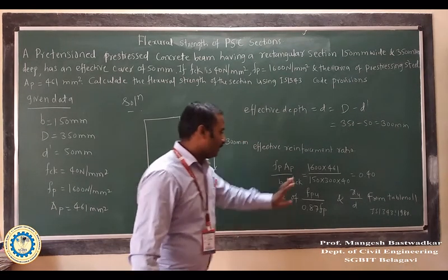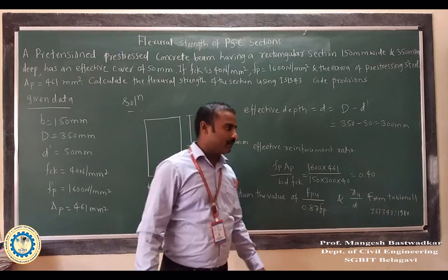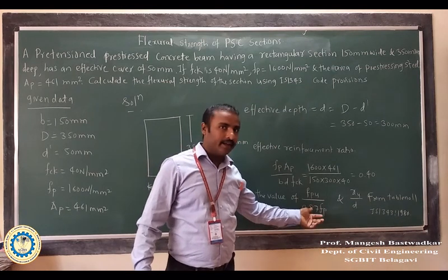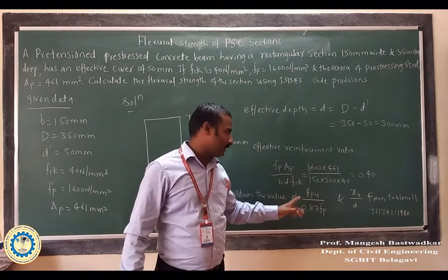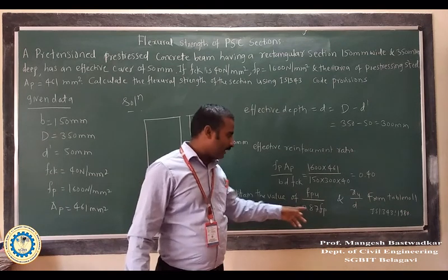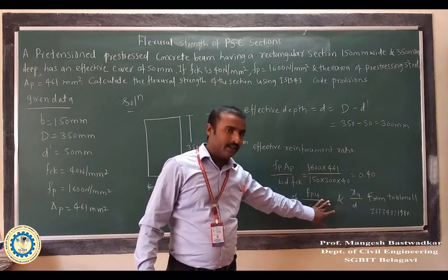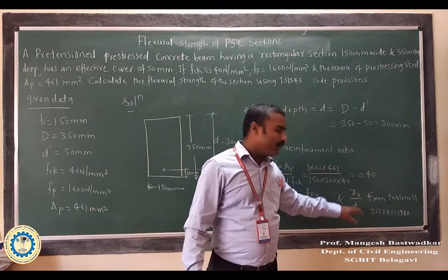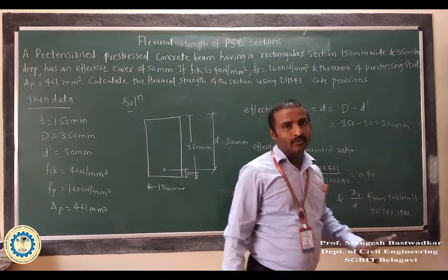These values are required to calculate the flexural strength of the section. They can be obtained from IS 1343-1980 table number 11 for pre-tensioned beams. Here fpu is the effective pre-stress we have to calculate. fp we know, we have to obtain the value of this whole term which is mentioned in the table. Then the xu by d value is also mentioned in that table, so that we need to obtain.